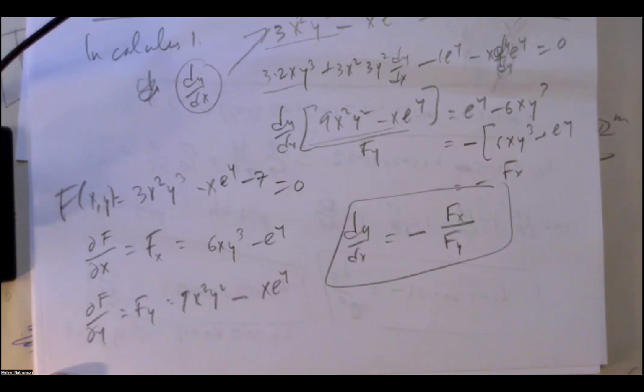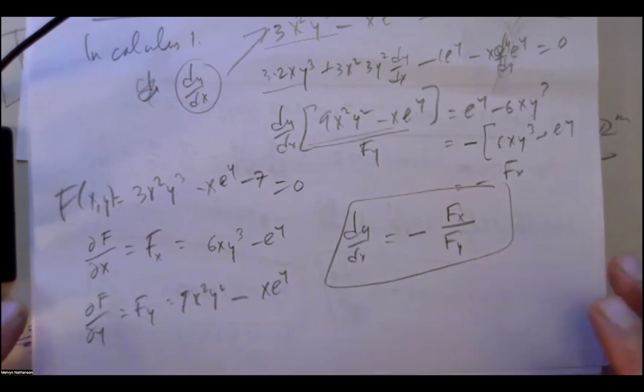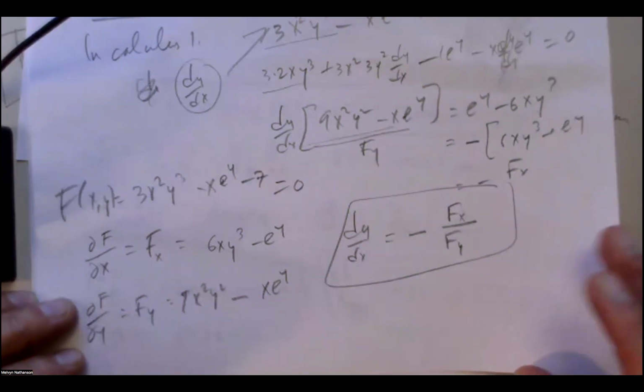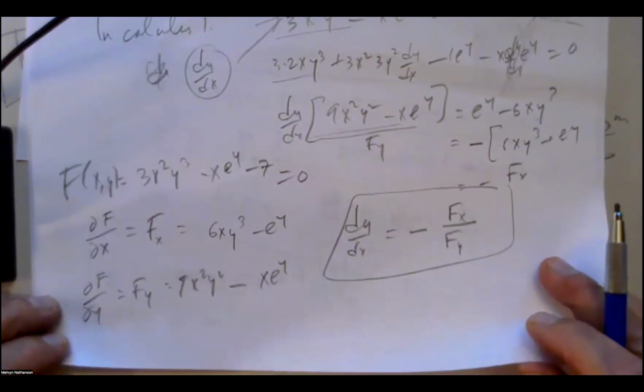And so this seems to give an alternate formula, an alternate method for doing implicit differentiation.